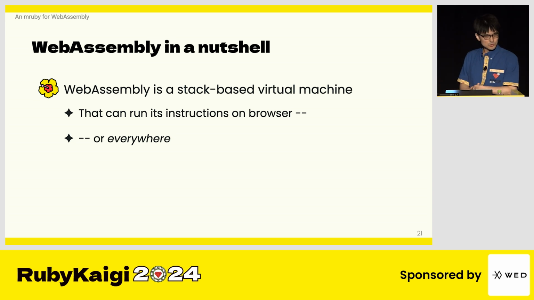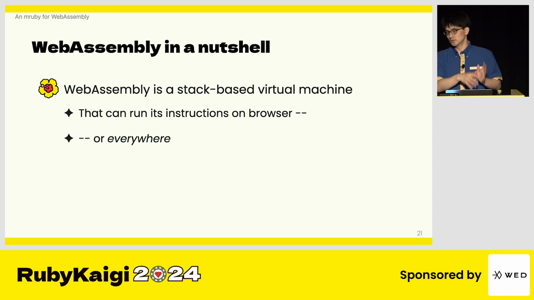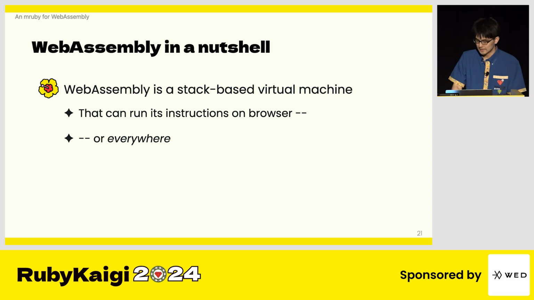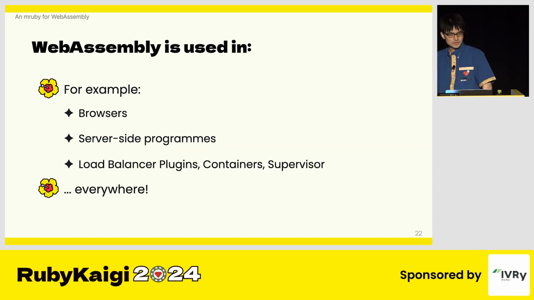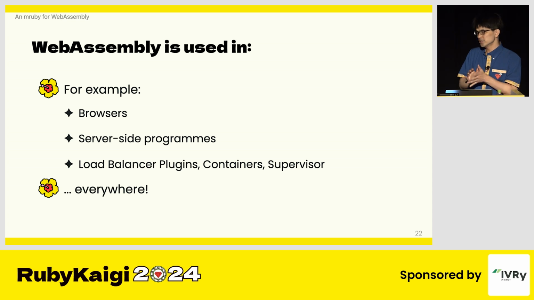In technological view, WebAssembly is a stack-based virtual machine that can run its instructions on a browser or on a server, anywhere. So it is used in browsers, server-side programs, configurations such as load balancers or log aggregators, or even containers, or even supervisors.